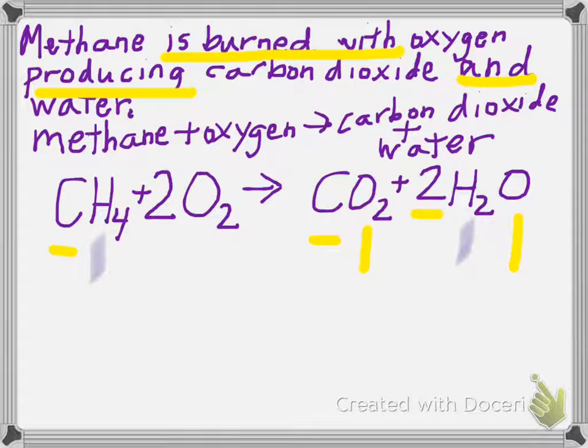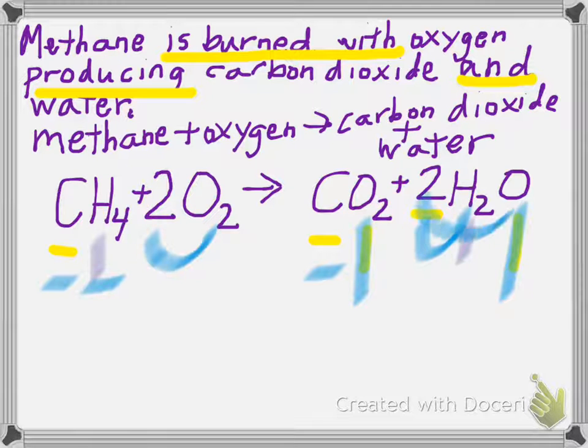Here I have 1 carbon, 1 carbon. That looks good. Here I have 4 hydrogens, and I have 4 hydrogens here because 2 times 2 makes 4. Here I have 2 times 2, which makes 4 oxygen. I have 2 oxygen here plus the 2 oxygen here makes 4. So this is a correctly balanced chemical equation.